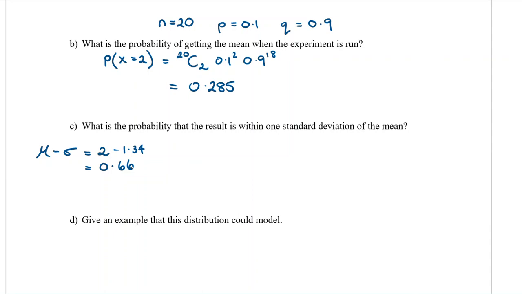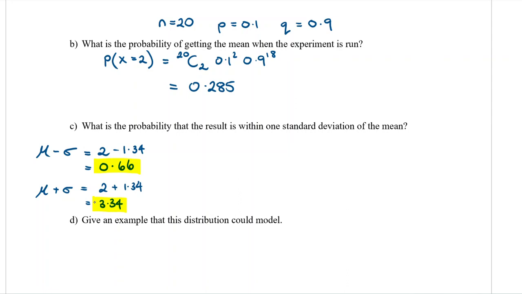Then we also want one standard deviation higher. So mu plus the standard deviation will be 2 plus 1.34, and that makes 3.34. Okay, so those two numbers are what we want to find the probability between.